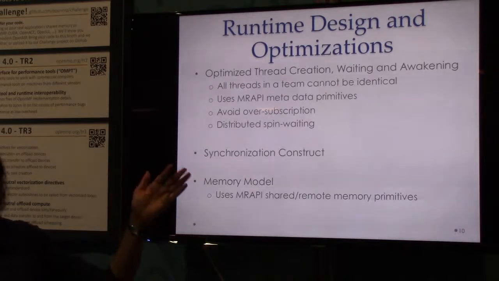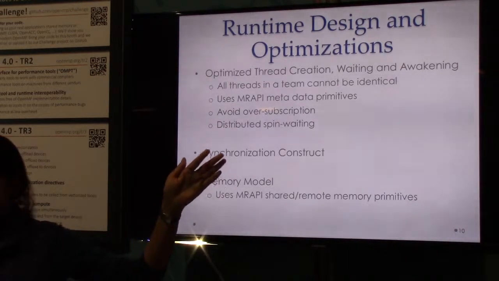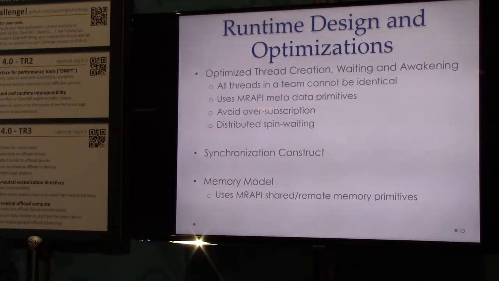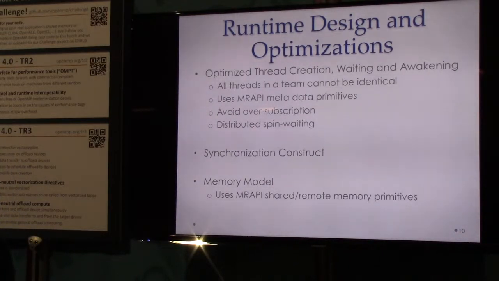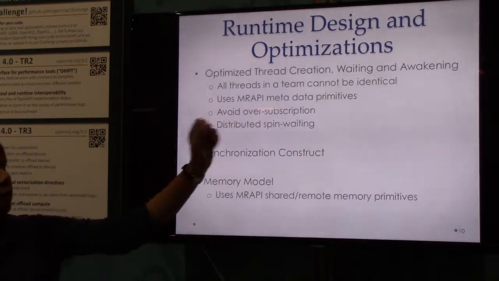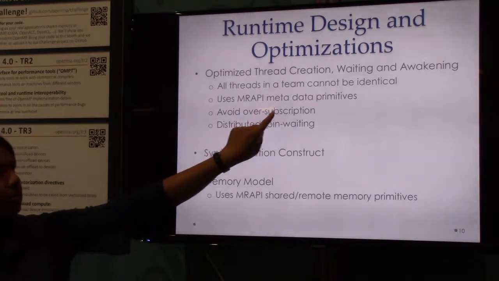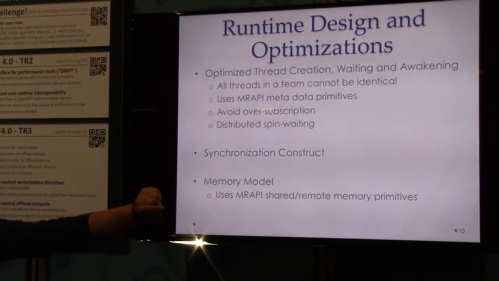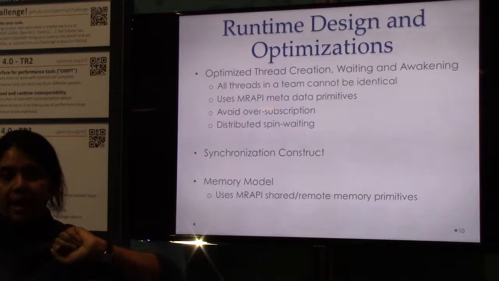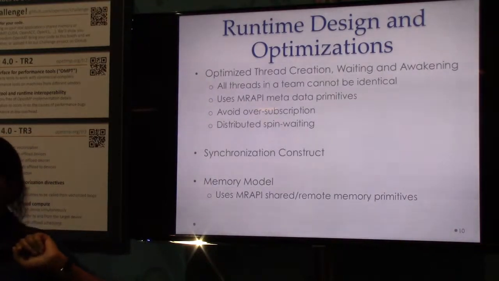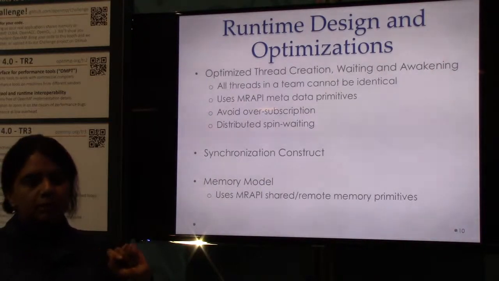So that's where the resource management APIs from MCA come into the picture, that allow you to query what you have underneath, and it only allocates as many threads as you have cores underneath. So you want to avoid oversubscription, and resource management provides metadata primitives to query your resources. And for synchronization constructs, again, there are different barrier algorithms, so you want to choose the right kind of barrier algorithm for your embedded platform.